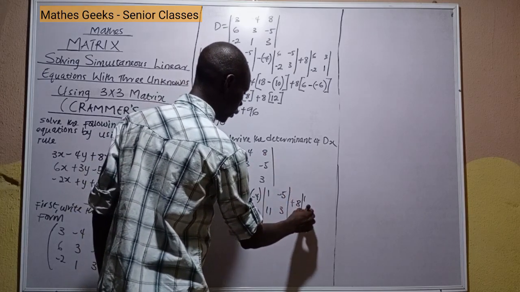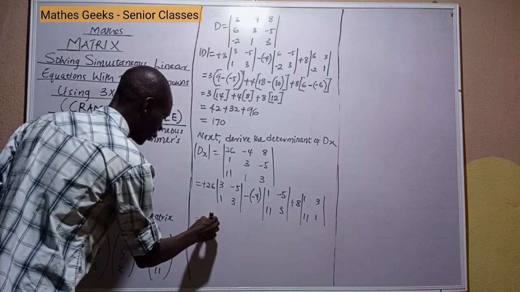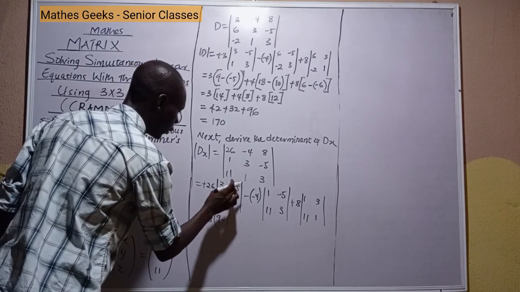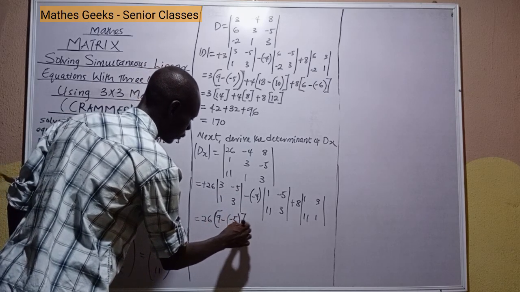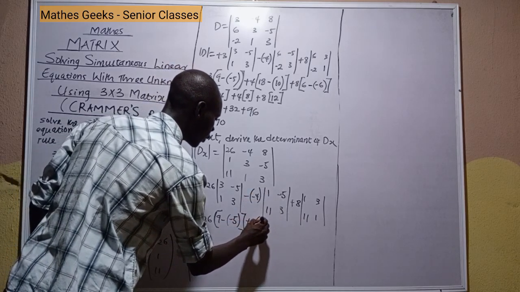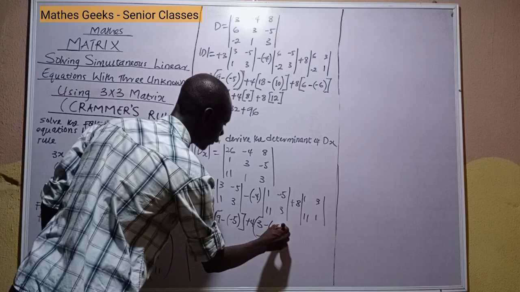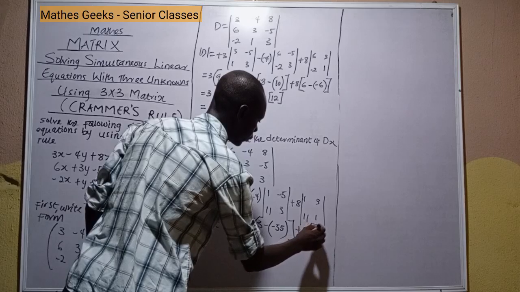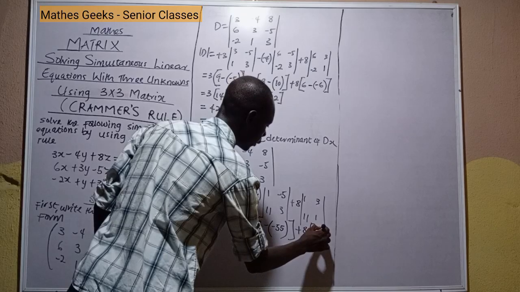First row, third column: 1, 11, 2, 1. 26, 3 times 3 is 9, minus 1 times minus 5 is minus 5, plus 4. 1 times 3 is 3, minus 5 times 11 is minus 55, plus 8. 1 times 1 is 1, minus 3 times 11, 32.